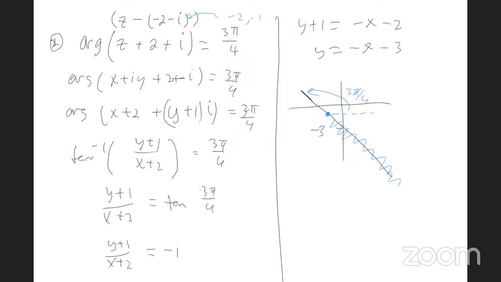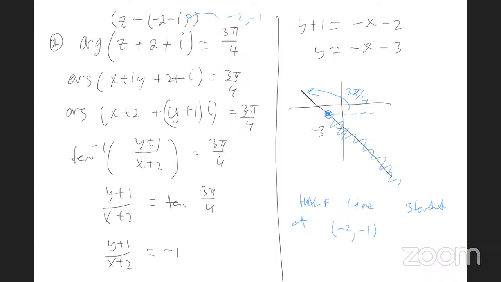If you have to describe it in words, it will be a half line starting at what we said, minus 2, minus 1, excluding that point. So I should draw a hollow circle.